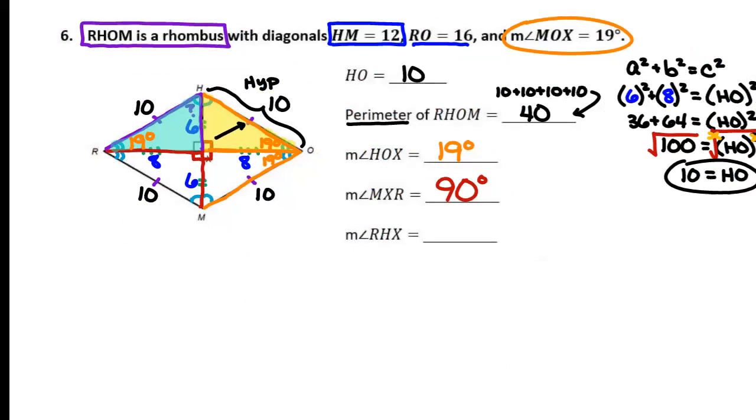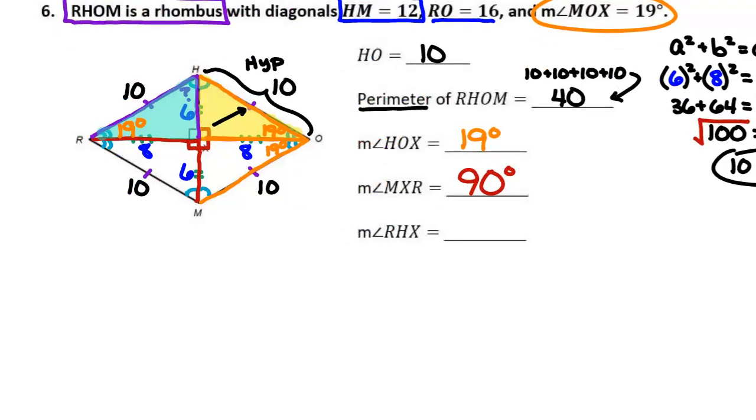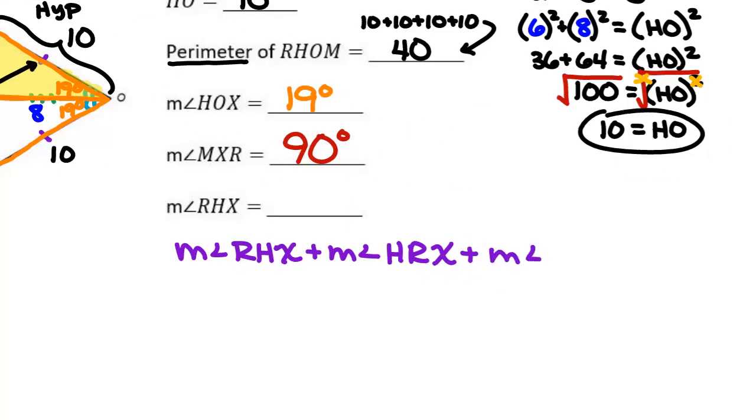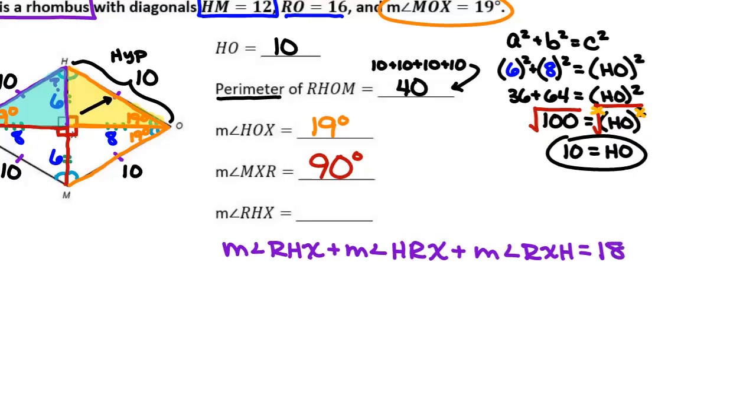So now I can use my triangle sum theorem to find out RHX. So the measurement of angle RHX plus the measurement of angle HRX plus the measurement of angle RXH is equal to 180 degrees.